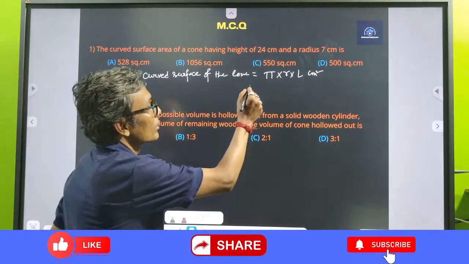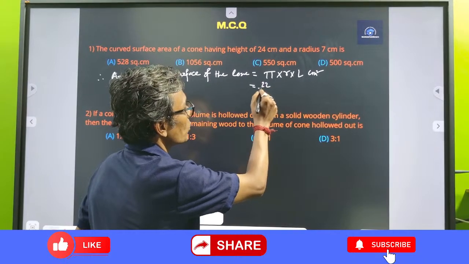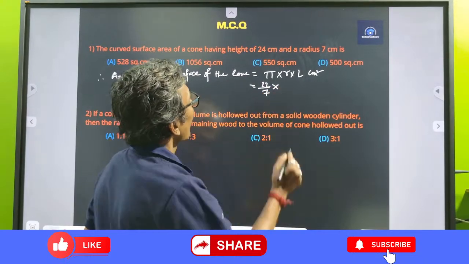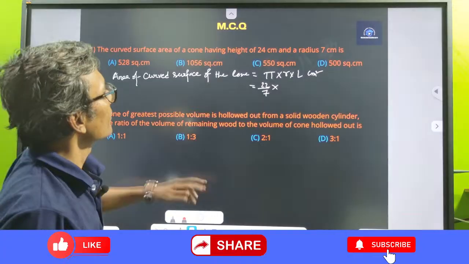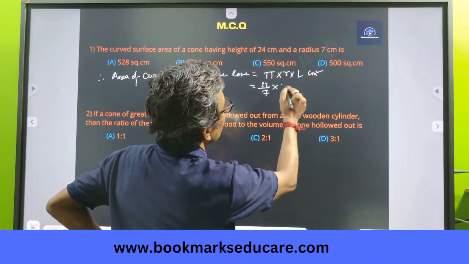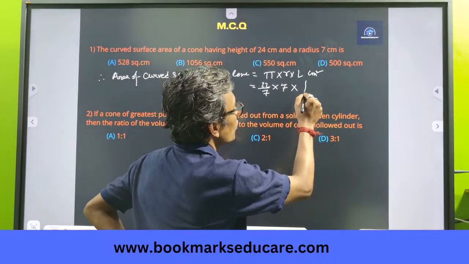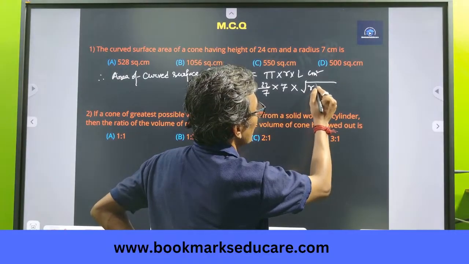So now pi means 22 by 7. R is also given. R means 7 into L means root over of R square.